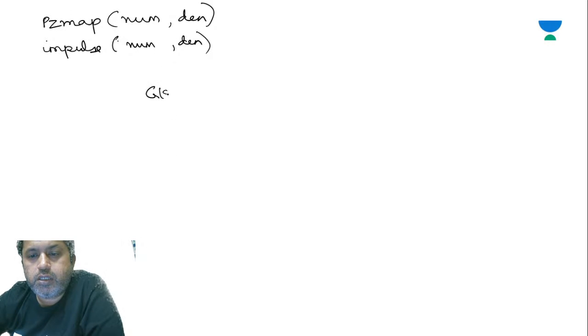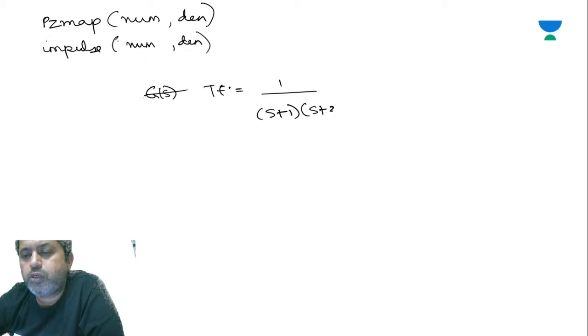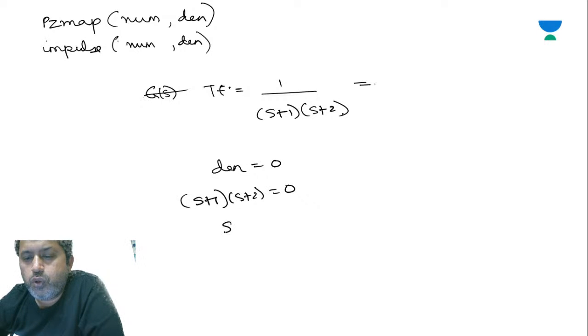So if the transfer function is equal to 1 upon (s plus 1)(s plus 2), that means if I say denominator equal to 0, (s plus 1)(s plus 2) equal to 0, s is equal to minus 1, s is equal to minus 2.